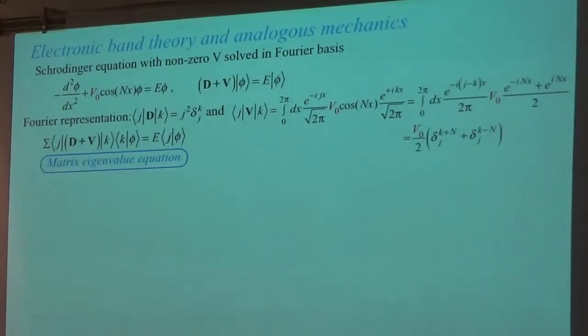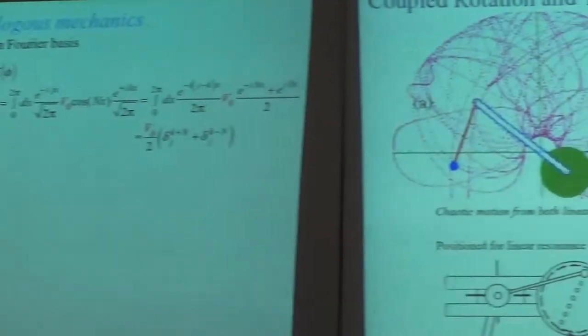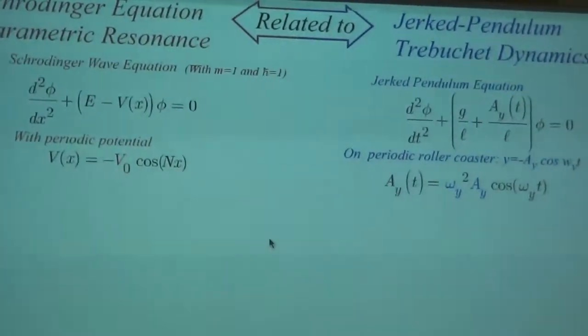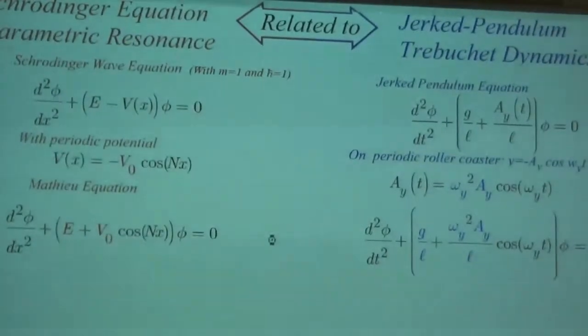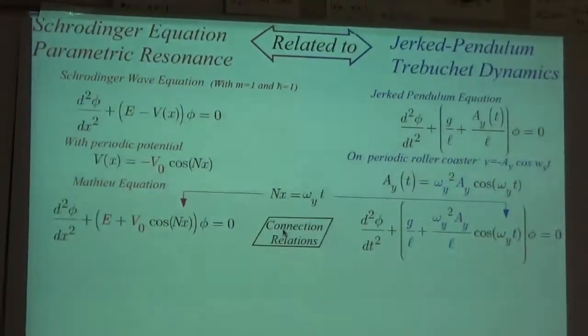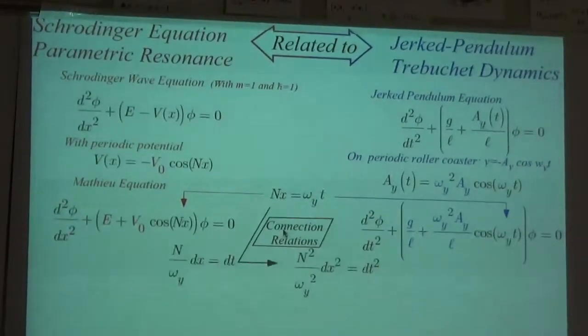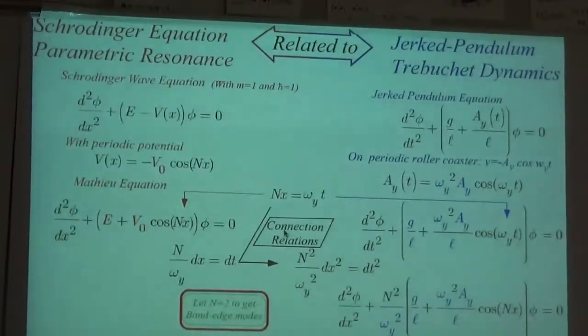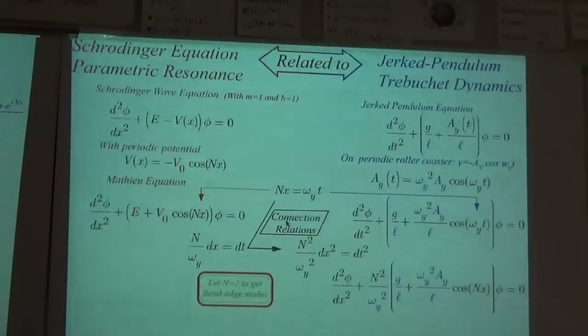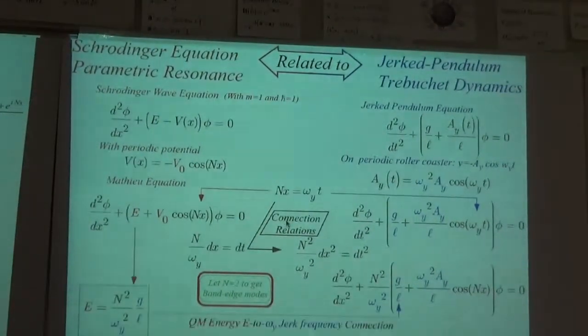Let's review what we're doing here. That's what we're doing. We're trying to make an analogy between a Schrodinger wave equation and the jerk pendulum equation. First we match the independent variable x on the left and t on the right. And then we make a connection relation of the differentials. So we get an equation that looks like the one on the left, but with the parameters on the right.